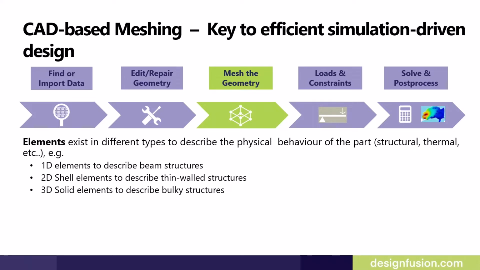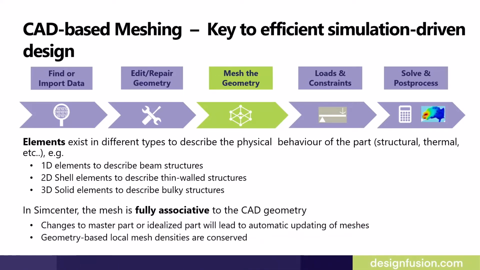The important thing is that the mesh we create is directly associated with our CAD geometry. If there is some change later on in our master part or idealized part, the mesh will automatically update. And the local mesh density we define is also associated with the geometry, so if there is some change later in the geometry, it will automatically be conserved.